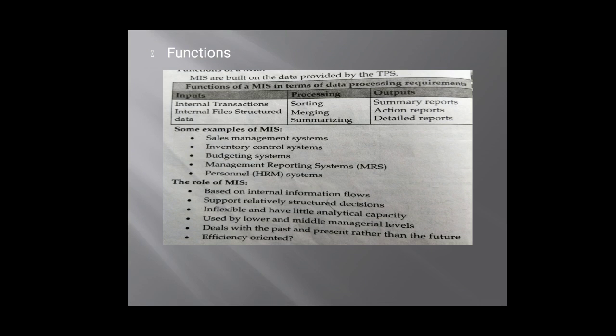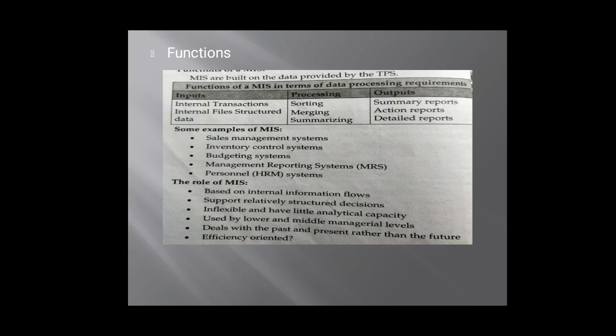Next is data summarization, summarizing the data and giving a detailed report of particular data which has been taken as input to the managers. Then examples of management information system are sales management system, inventory control system. Sales requires sales dependencies of a particular product.